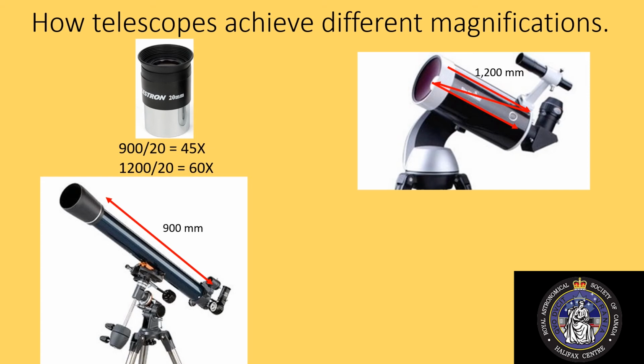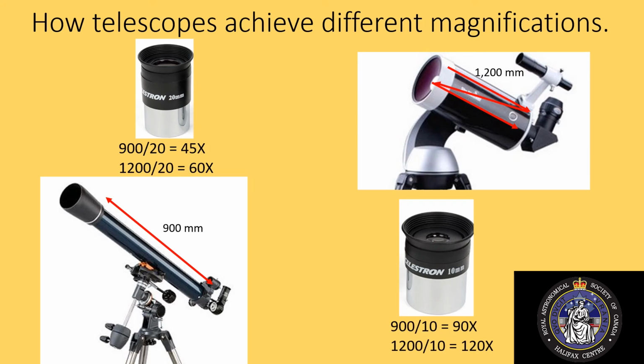So you can see the advantage of a longer focal length. Now we take the second eyepiece, and it's only 10 millimeters, so we divide those into the focal length, and 900 divided by 10 gives us 90x, and 1200 divided by 10 gives us 120x. With this amount of magnification now, we will be able to see quite a bit of detail on the moon.